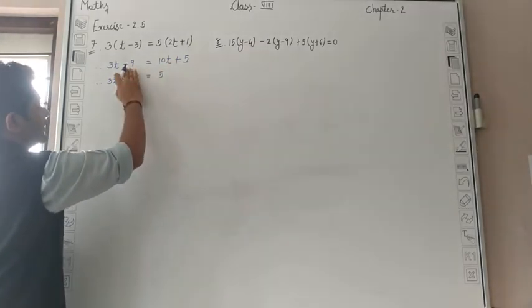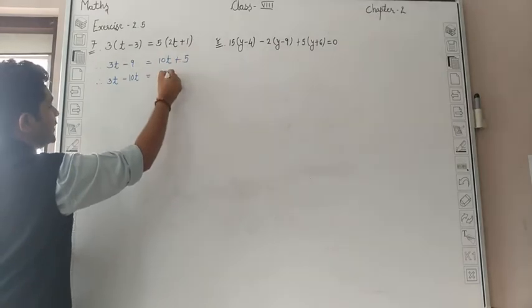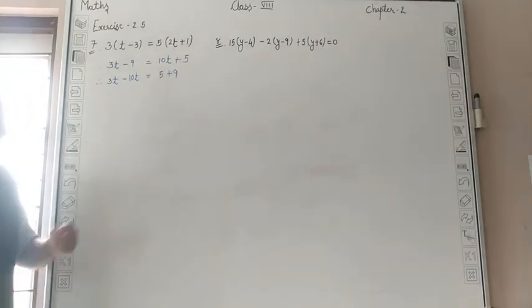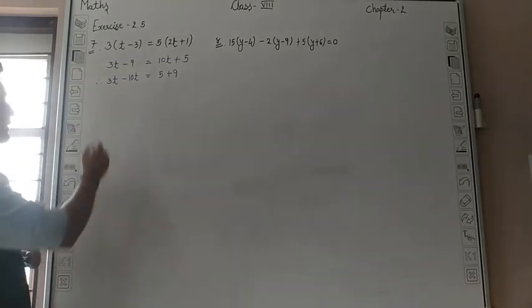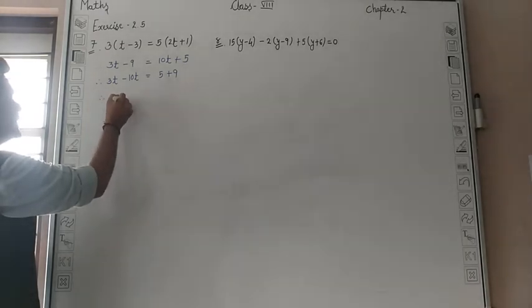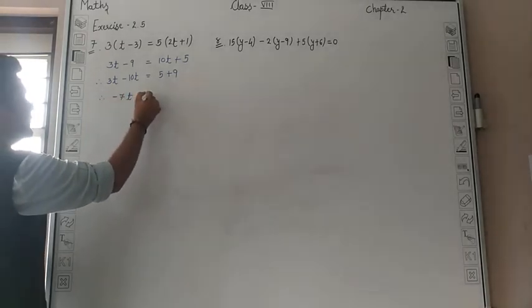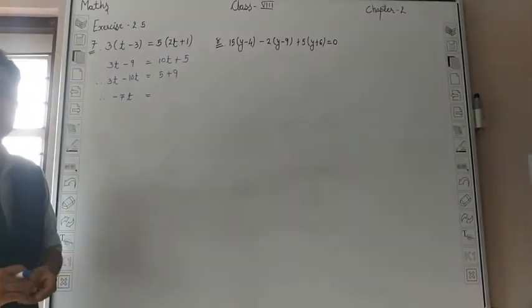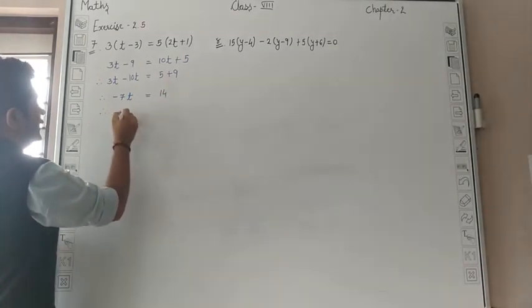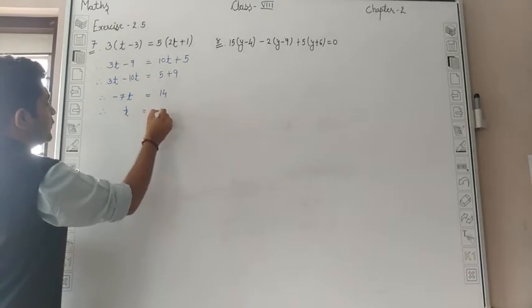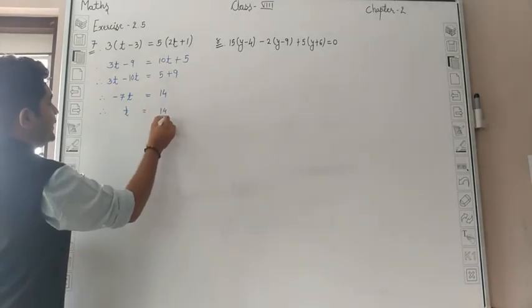This minus 9 transferred to the right hand side becomes plus 9. So 3t minus 10t is minus 7t. Therefore, minus 7t is equal to 5 plus 9, which is 14. So t is equal to 14 divided by minus 7.